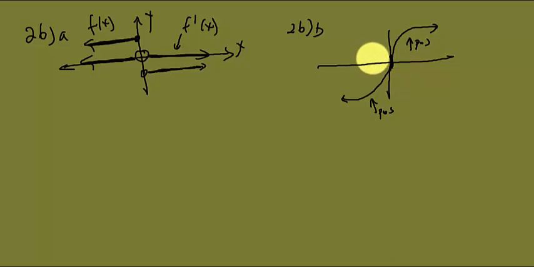Now notice the slope here is getting close to 0, it's flattening out, and it's flattening out here also when I go to the right. When I go to the left, the slope is getting close to 0, and on the right it's so steep that my slope is going to go up. That's my f prime of x I'm drawing, and this is my f of x.